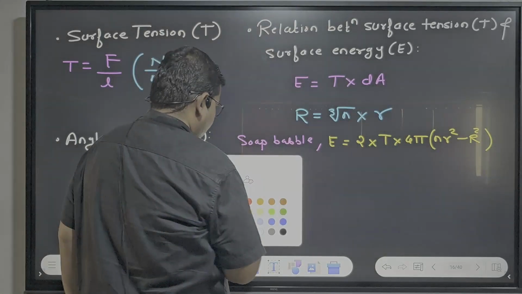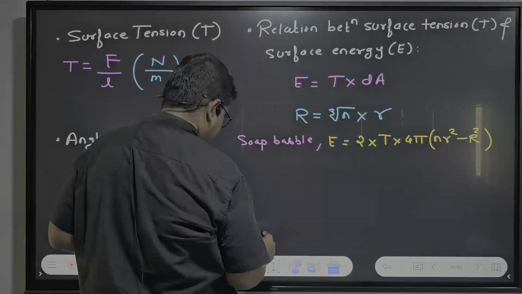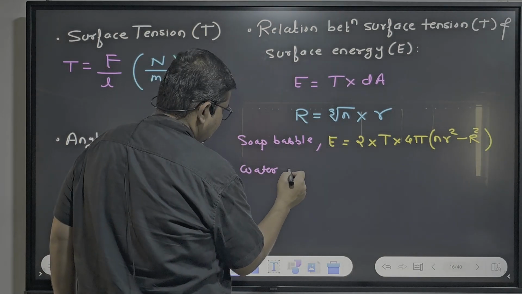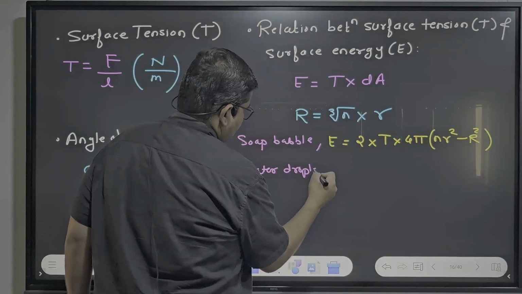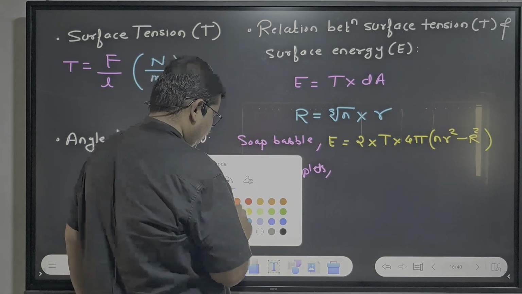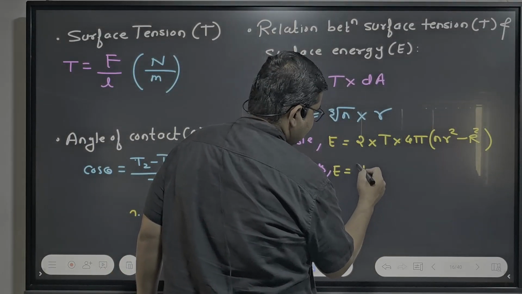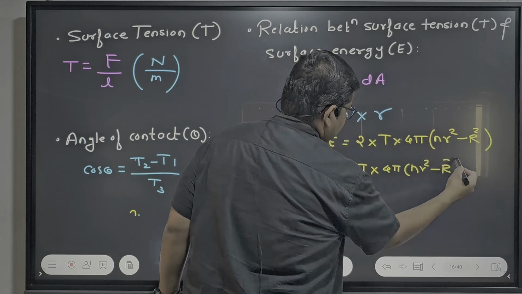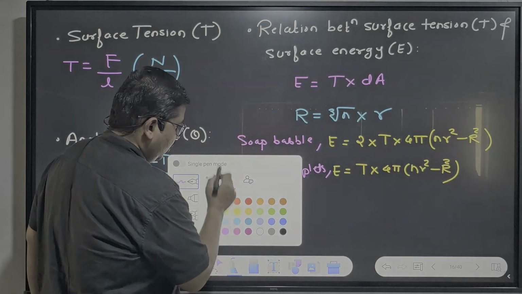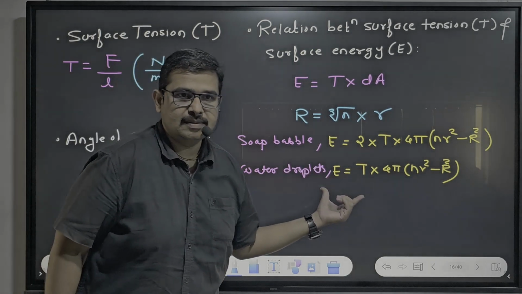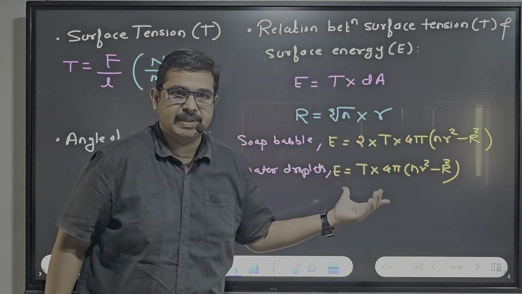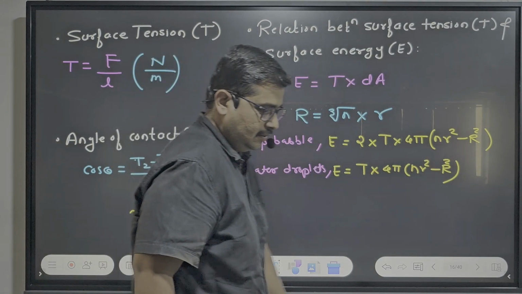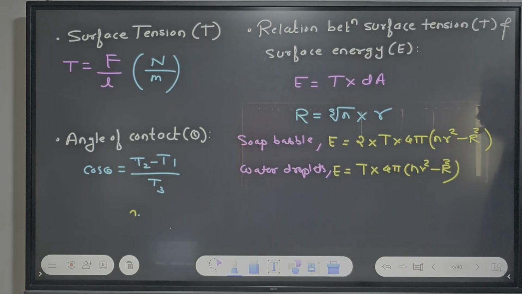If you are talking about a water droplet, then this formula becomes E equal to T into 4 pi (n r square minus r square), with only one surface, where n is the number of small droplets or bubbles. Any doubt? No. Now next.